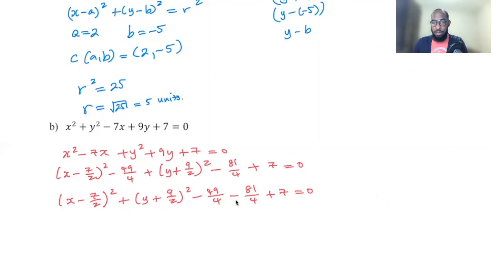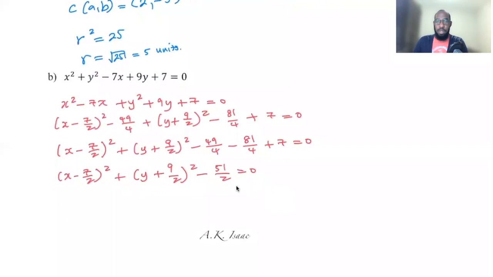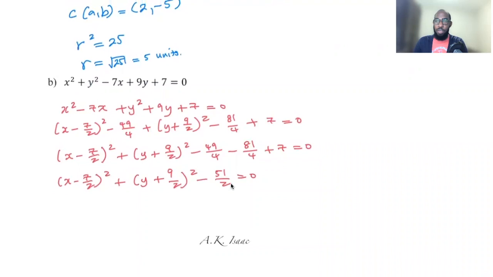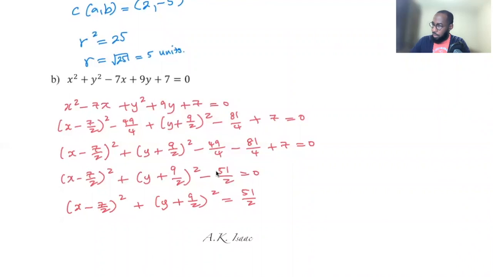When I put this into my calculator, I get negative 51 divided by 2. So I'm going to write that now. In order for me to have the equation of the circle form, I need to transpose this negative 51 over 2 to get rid of the constant on the left-hand side of the equal sign.